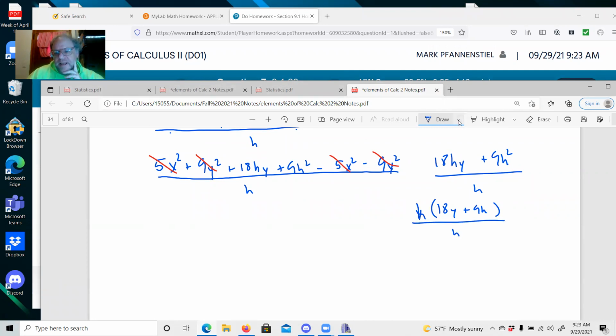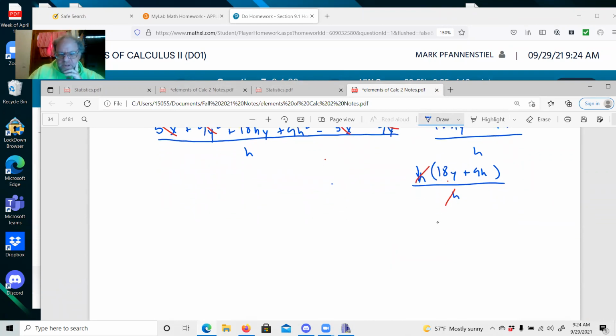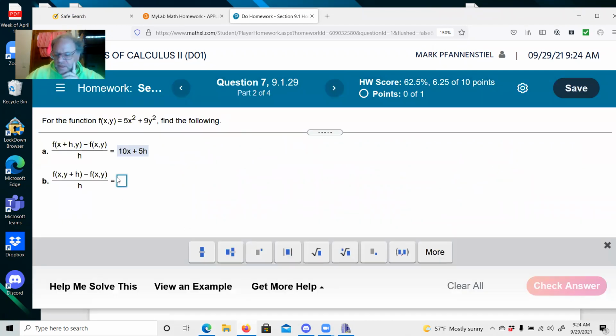Why do I do it that way? Just so that I make sure that I'm canceling and factoring correctly out of both terms. So our answer here is 18y plus 9h. Let's see what we got. We have 18y plus 9h. Yep.